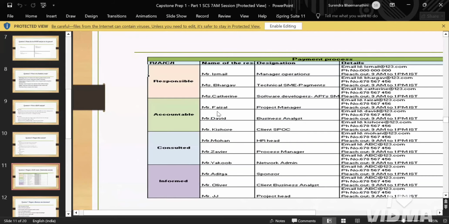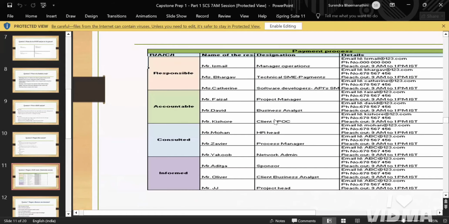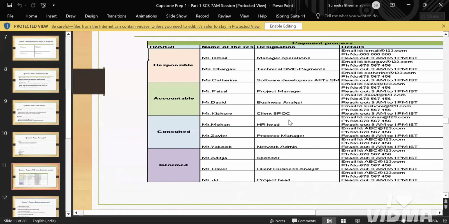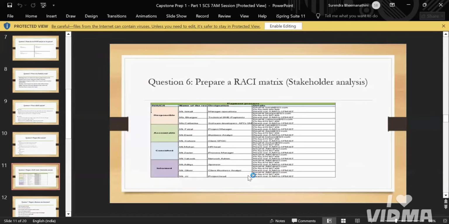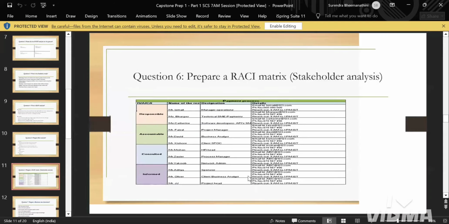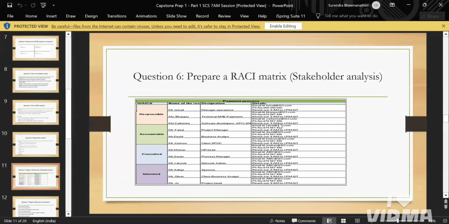For accountable we have Faisal, a product manager, David, business analyst, and Kishore, the client. For consulted we have the HR head. For those we need to inform, Aditya is the sponsor and Oliver is the client business analyst. So based on the case study, you need to write down this RACI matrix. Okay, and we will go to the next question.